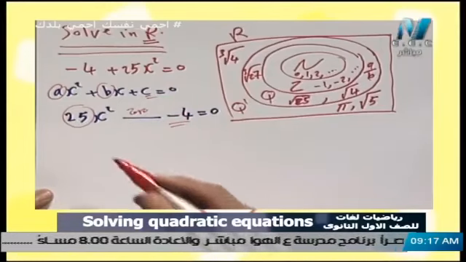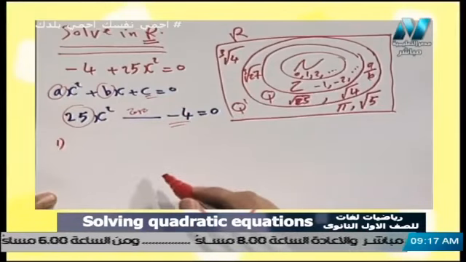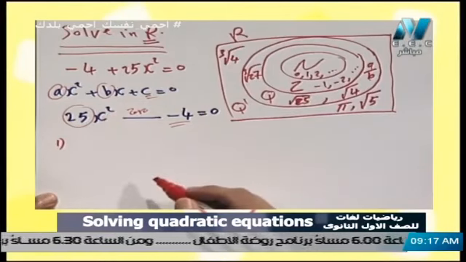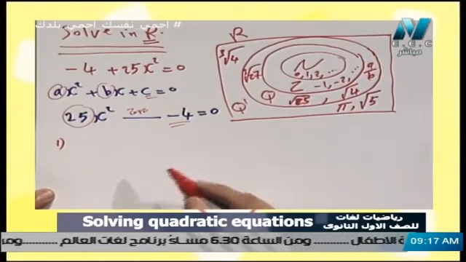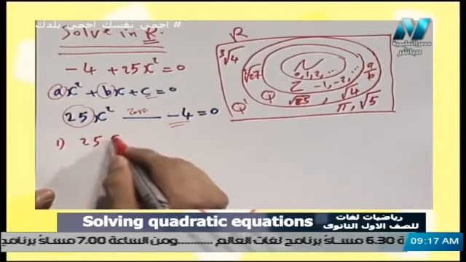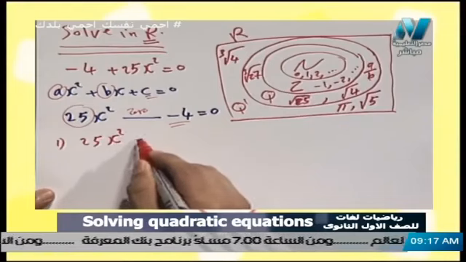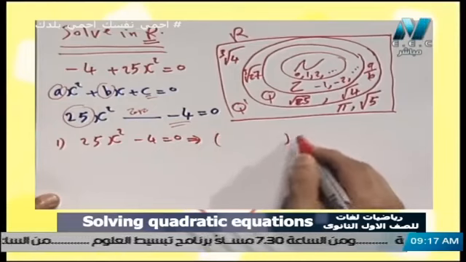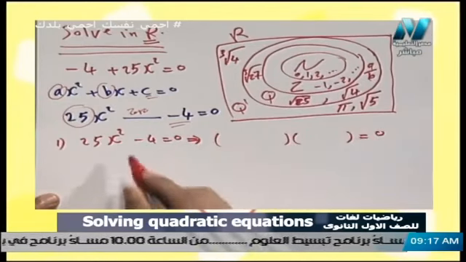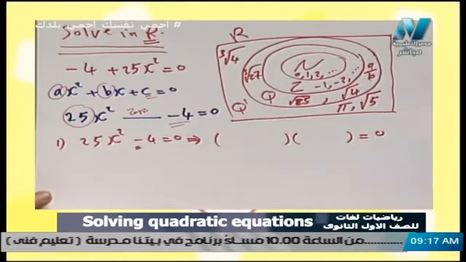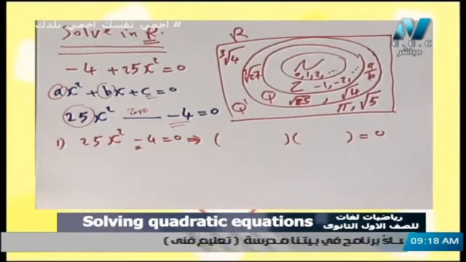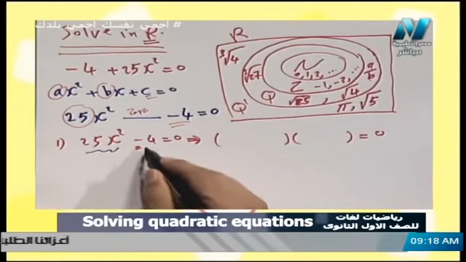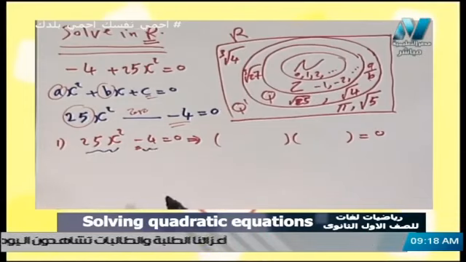And we will use two methods to solve this equation. It is a quadratic equation because it is a second degree equation. We can use factorization: put it like that, 25x power 2 minus 4 equals 0. We can factorize it as a difference of two squares. As we know, 25x power 2 is a complete square of 5x, and 4 is a complete square of 2.